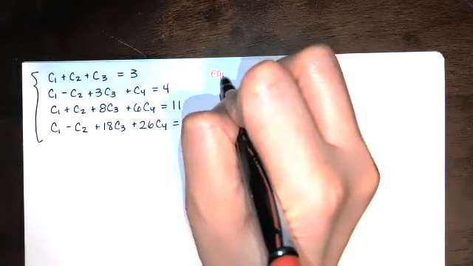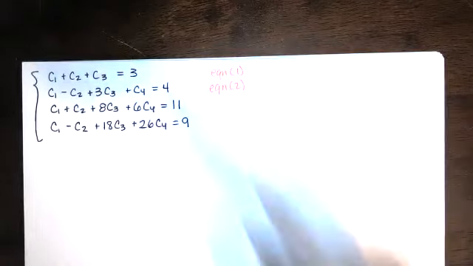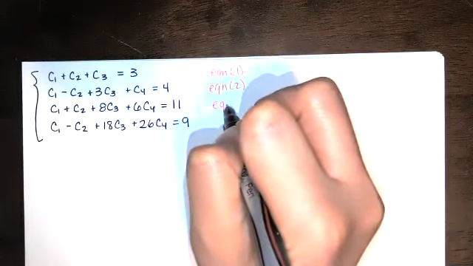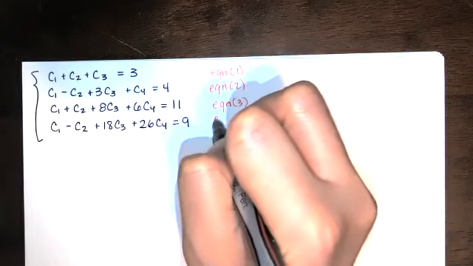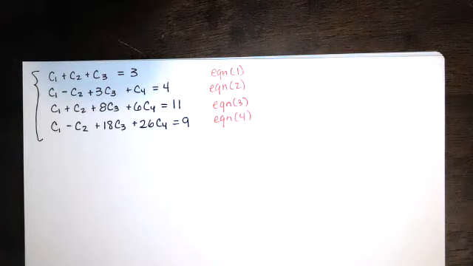If I call this one equation 1 and this one equation 2, if I add these together, I'll get rid of the C2s. And if I call this equation 3 and this equation 4, if I add these together, I'll get rid of the C2s as well. So that will give us 2 equations with, or actually 2 equations with 3 unknowns, and we'll need a 3rd equation.